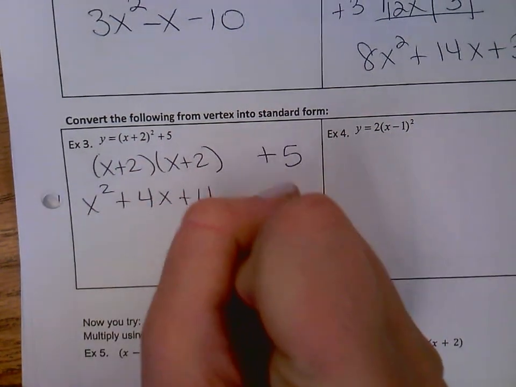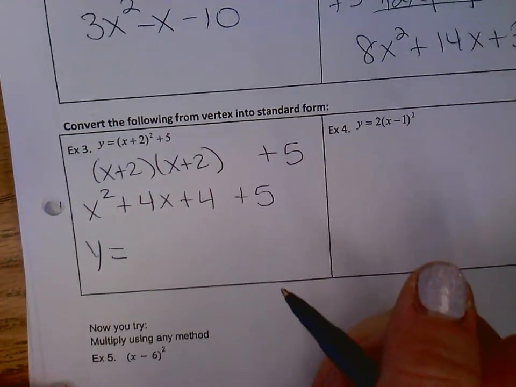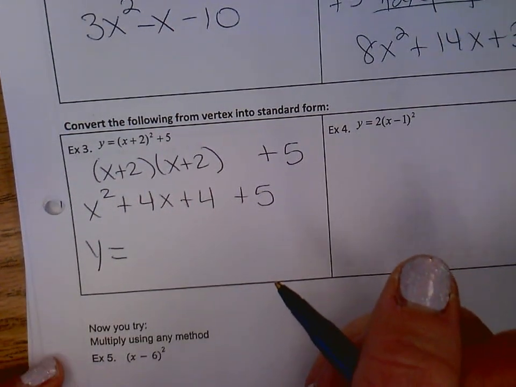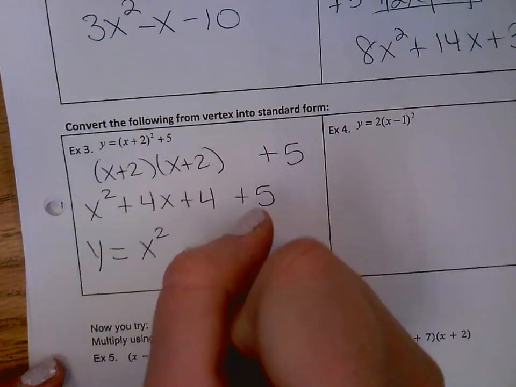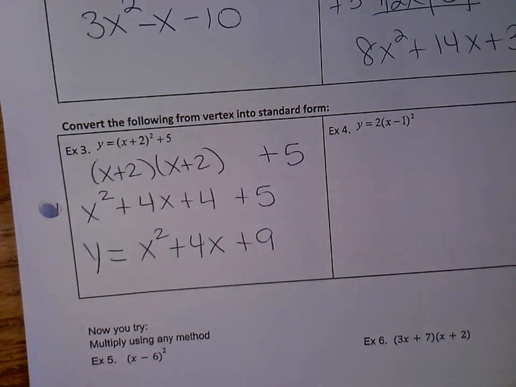Yep. And actually, this was a function. I should write my answer as y equals x squared. I get 2x, x is 4x, right? And then I get plus 9.